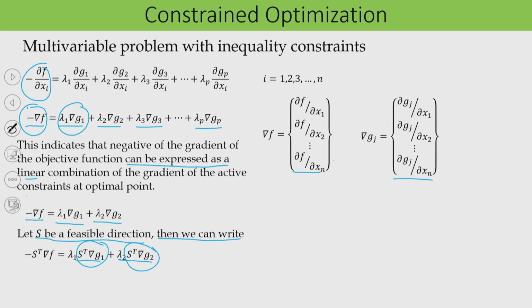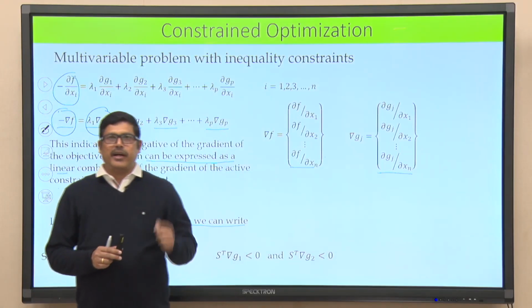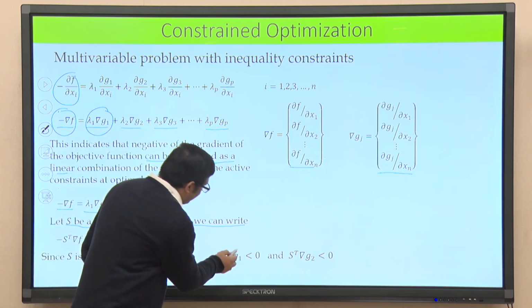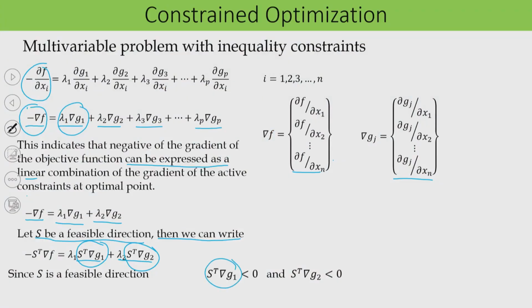So, S transpose del g 1 should be less than or equal to 0 and S transpose del g 2 should be less than or equal to 0, since S is a feasible direction.